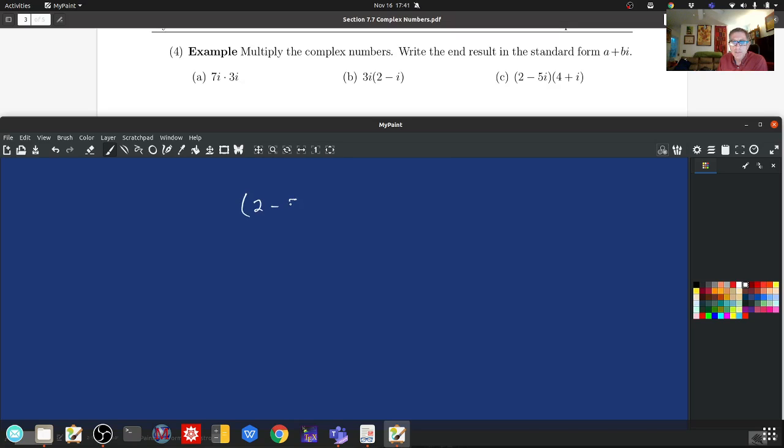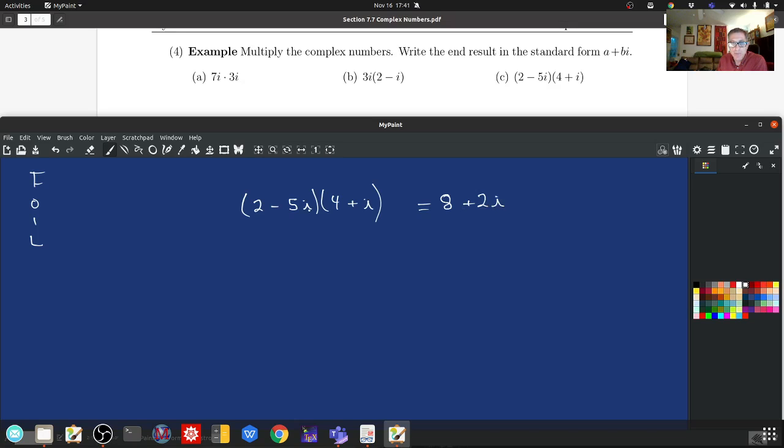And our last example, 2 minus 5i times 4 plus i. I'll do this two ways. I'll use the FOIL method: first, outer, inner, last. My first are my 2 and my 4. 2 times 4 is 8. My outer is 2 times i, so it's plus 2i.